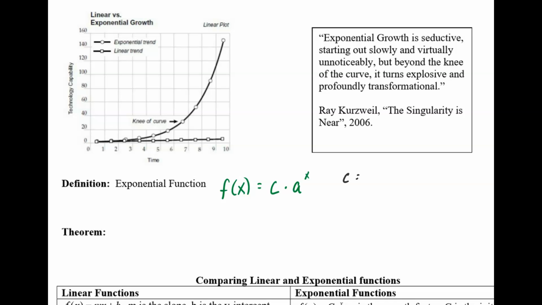c is called the initial value. a is called the growth rate.